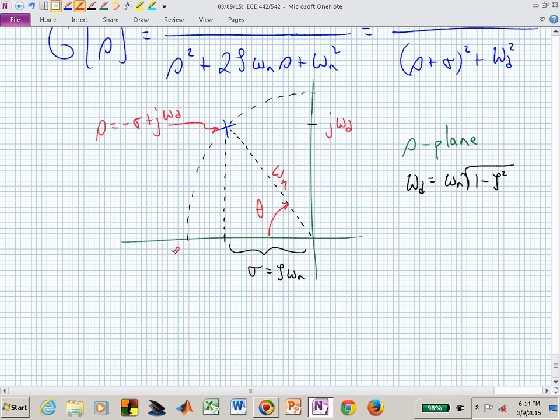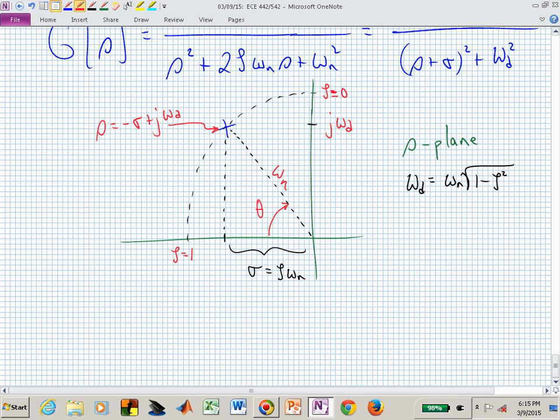where if zeta was actually equal to 1, that pole would have swung all the way down and theta would have been 0. If zeta was actually equal to 0, then now we have a purely imaginary pole. That blue X is now rotated up.